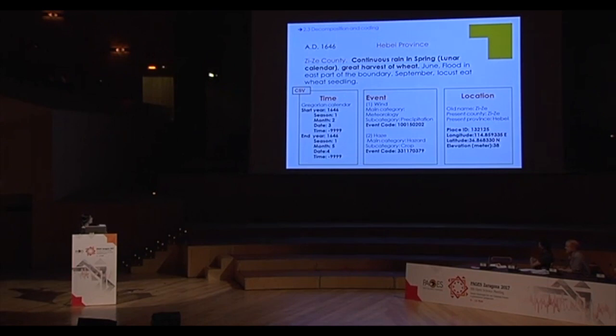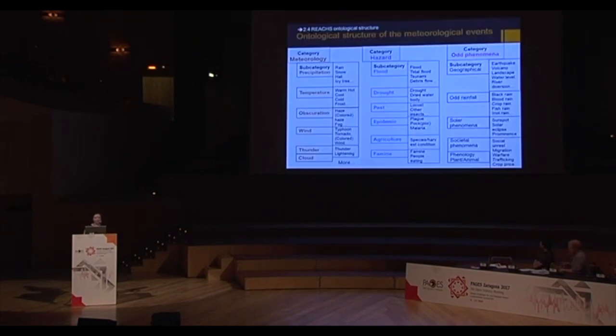In Jize County, it describes continuous rain in spring and a great harvest of wheat. From this event, we can decompose it into time, event, and location categories, and the texts are coded into numbers, so that we can put all the records in a CSV file for extraction and retrieving data.